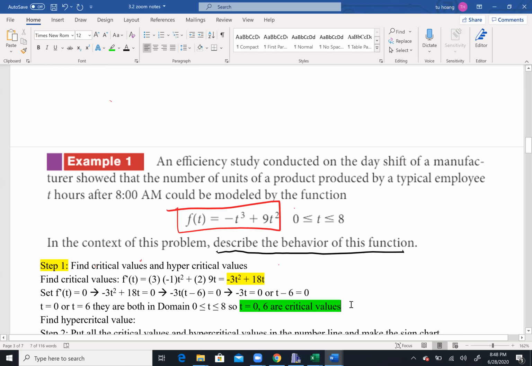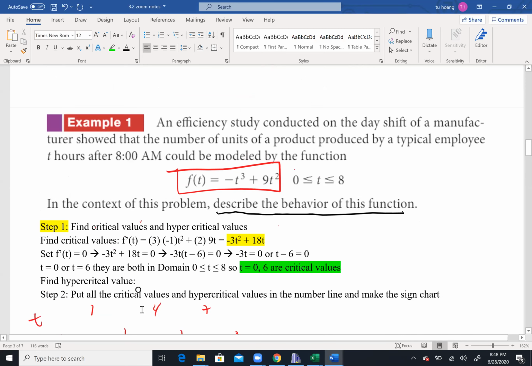Okay, and now I'm going to find the hypercritical value, right? In order to find the hypercritical value, I have to find the f second derivative of t. And in order to find the f second derivative of t, I have to take the derivative of the first derivative, right? So what does that mean? Let me copy this down. And I'm going to take the derivative of that. And now I'm going to have what?